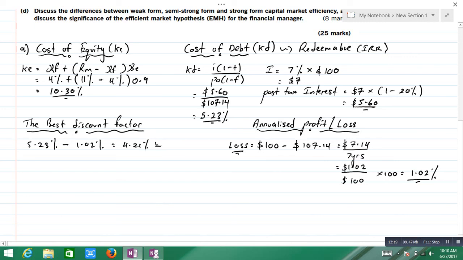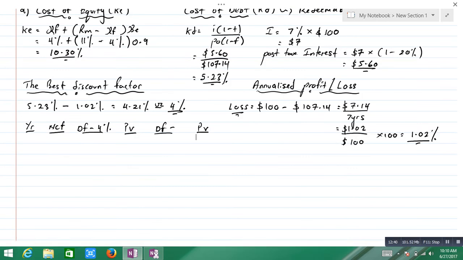Here, net cash flow, discount factor 4%, present value. Now, years 0, 1 to 7. Now remember, the bond is for 7 years. 5.6. Redemption is 100.